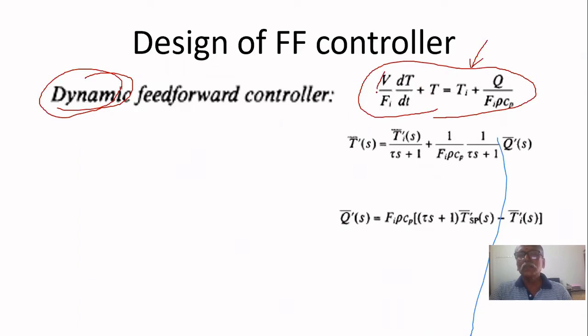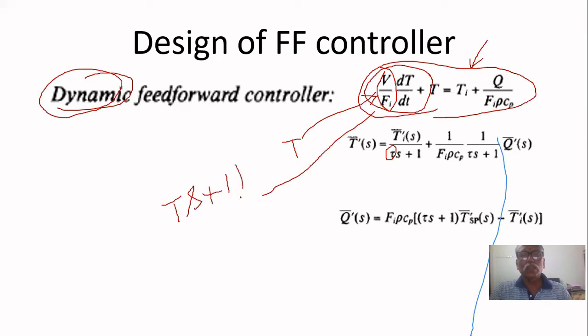If you assume V by Fi as tau, then you can write this part equal to tau S plus 1.